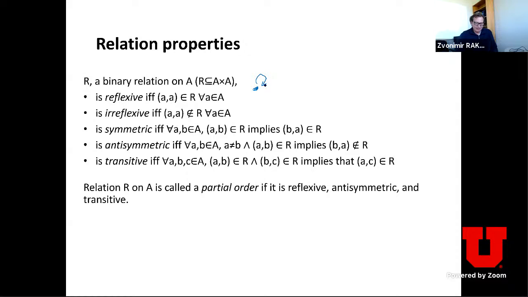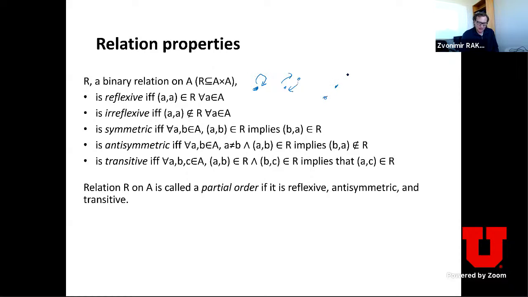It's irreflexive if that's not true. It's symmetric if AB in R implies that BA is in R. So it's symmetric if you have these sorts of situations. It's antisymmetric if that's not the case. And it's transitive if you have AB and BC in R, then you have AC as well.